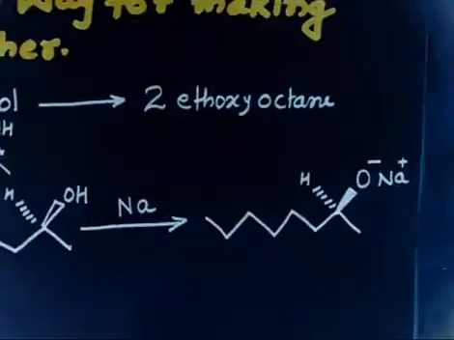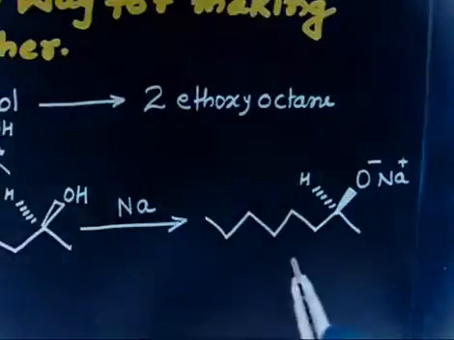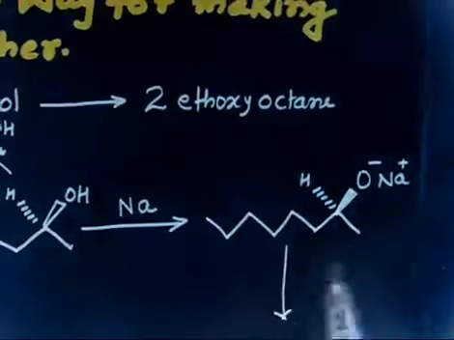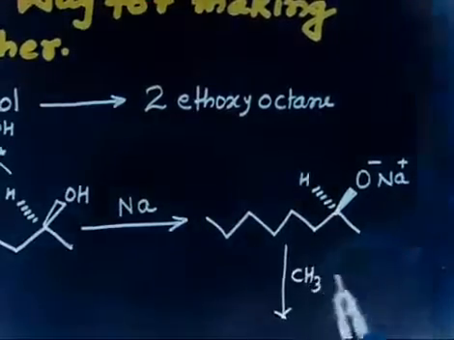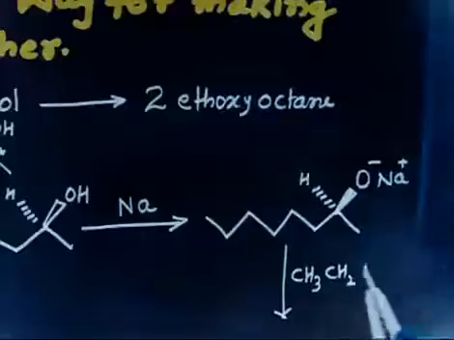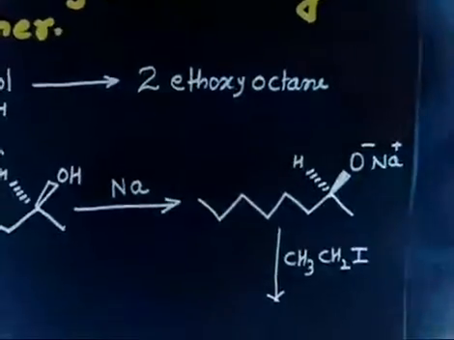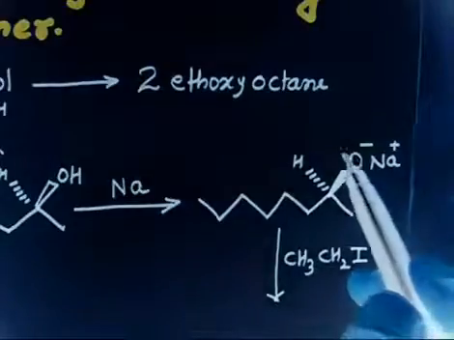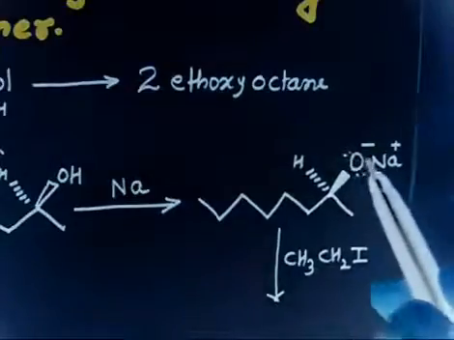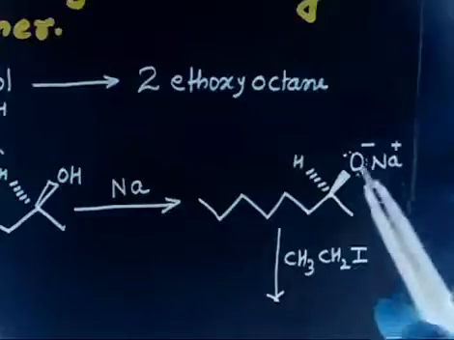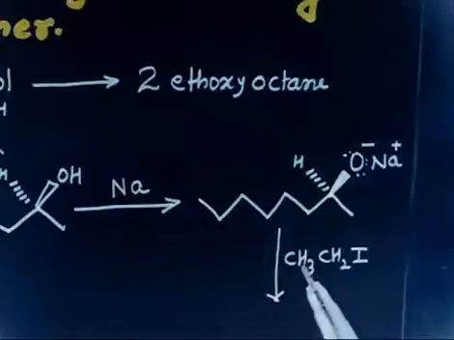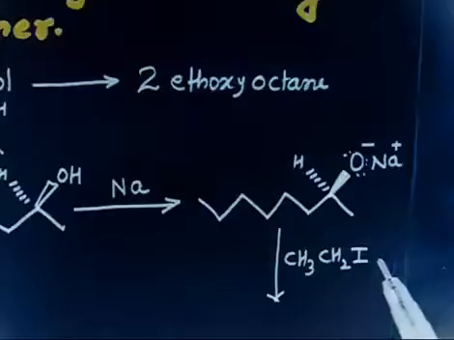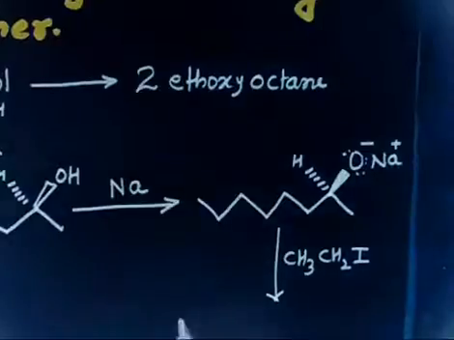Now this compound is further treated with ethyl iodide, that is CH3CH2I. The product is 2-ethoxyoctane. So what will happen? This minus charge will act as a nucleophile and attack CH3CH2, and it will release a leaving group, I minus. So you will have the final product.